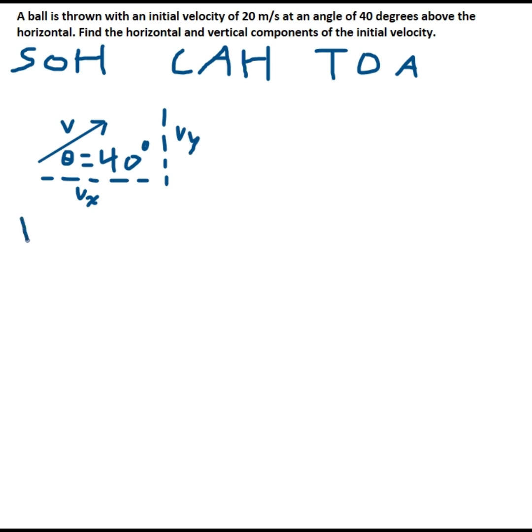So this leaves us with the following equations just by using SOHCAHTOA. The horizontal initial velocity is just equal to the initial velocity times the cosine of theta, which is 40 degrees.